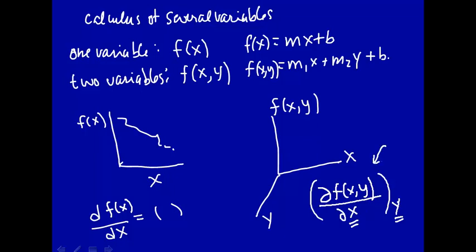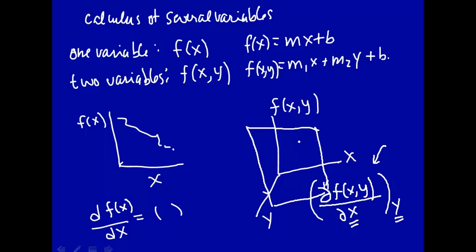Now what does it mean to hold, say, y constant and take the derivative with respect to x? Holding y constant means essentially you have some sort of plane here. I'm not very good at drawing a plane, but at a constant value of y, you will define a plane, and projected on that plane will be f of x, a function of one variable, at that particular value of the second variable.